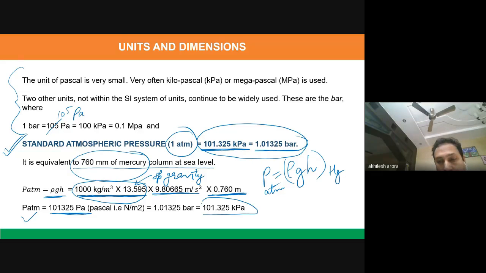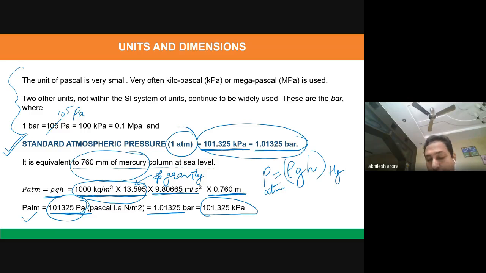If you divide this value by 10 raised to power 5, you get the value in bar, which is 1.01325 bar. So once again, the pressure value is 1.01325 bar. It is equal to 101.325 kilopascal.